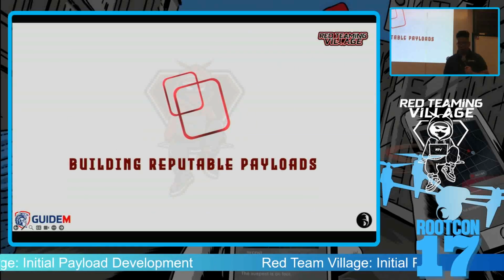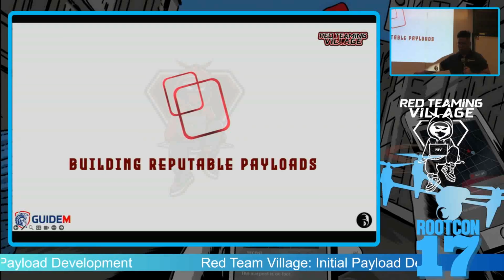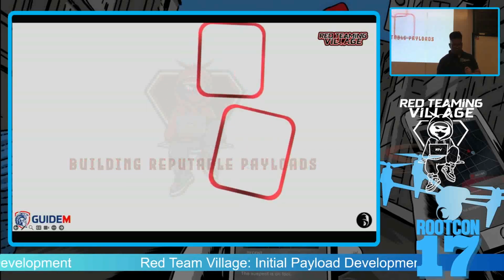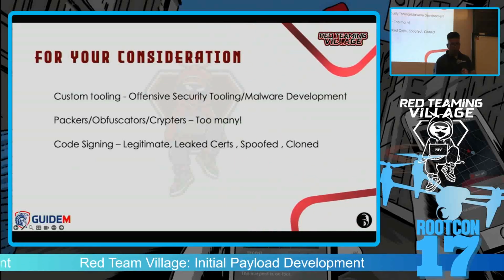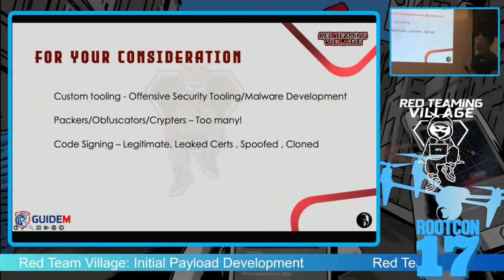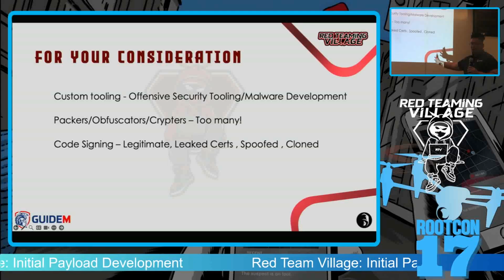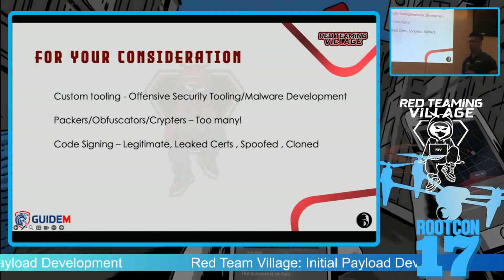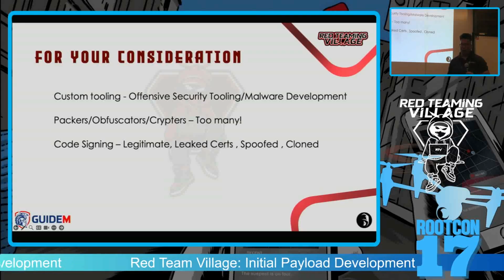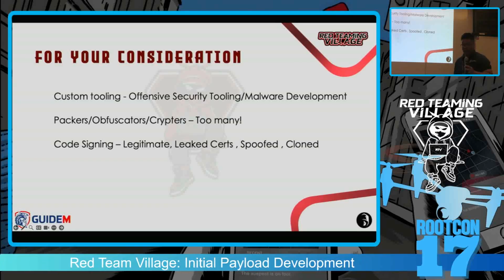So how do you build reputable payloads? What are the considerations we must think about? If we have budget or resources for tooling, of course we need to spend time on how we can actually create tools.